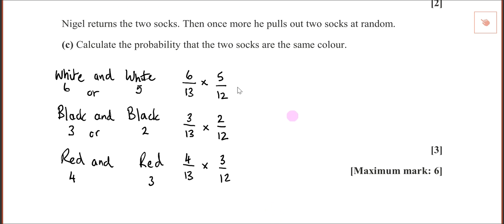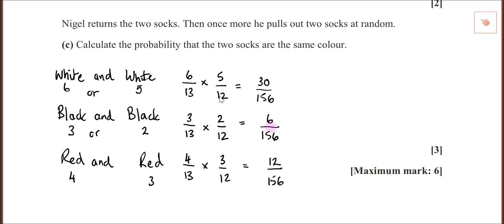And what do we do with all those? So we've got each one is 156. And then 6 times 5 is 30, 3 times 2 is 6, and 4 times 3 is 12. And what do you do with those answers?